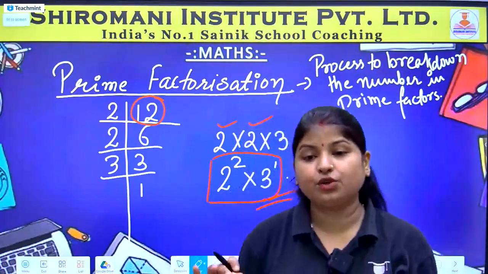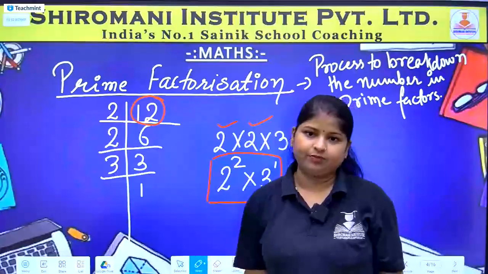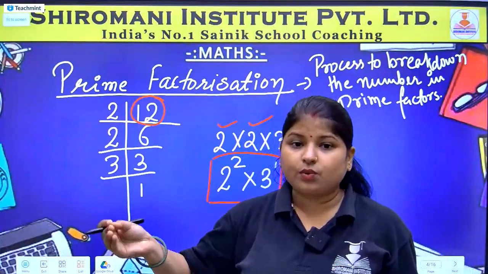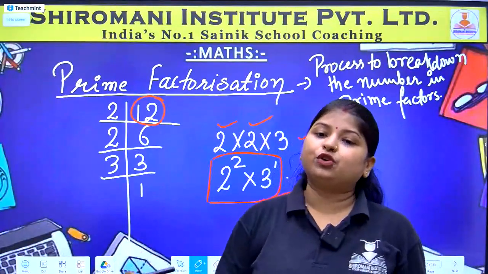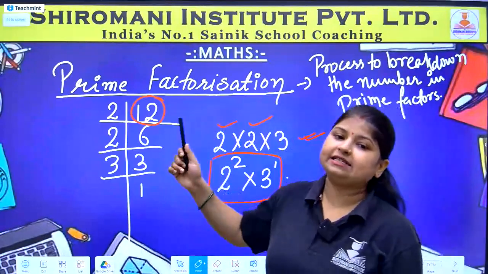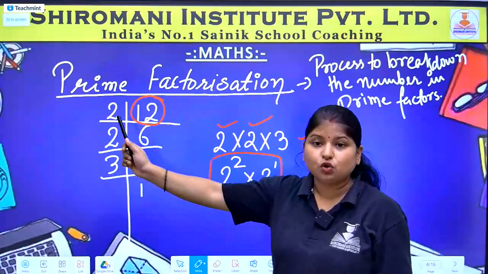So you have to use a number that divides this 12. There are many numbers that divide 12, right? 2, 3, 4, 6, 12 also. But you have to use the smallest number that divides 12. So the smallest number that divides 12 is 2.